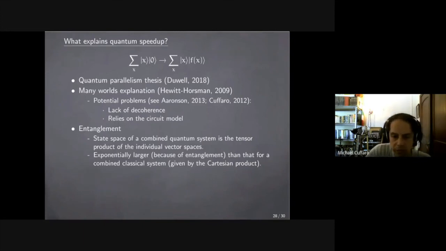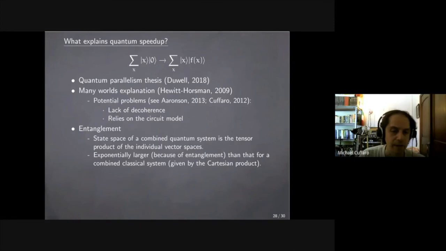We'll see this in a little more detail tomorrow, but what that means is that the state space for a combined quantum system is going to be exponentially larger than the state space for a combined classical system. So you can think of the idea as there being so many more possibilities in the quantum state space that you can take shortcuts in your computation.